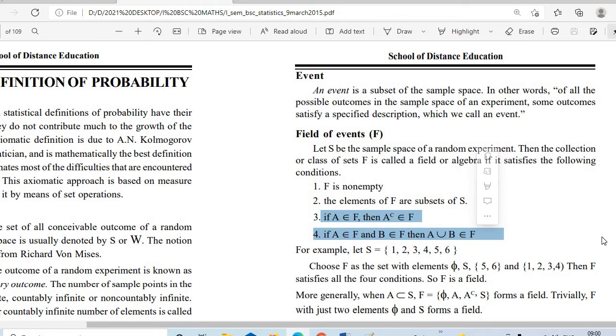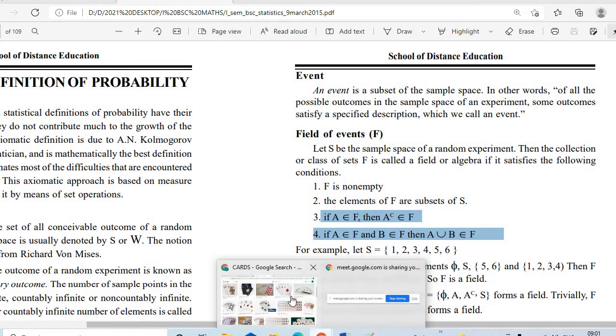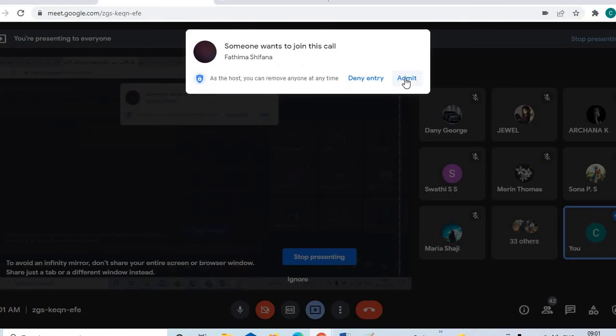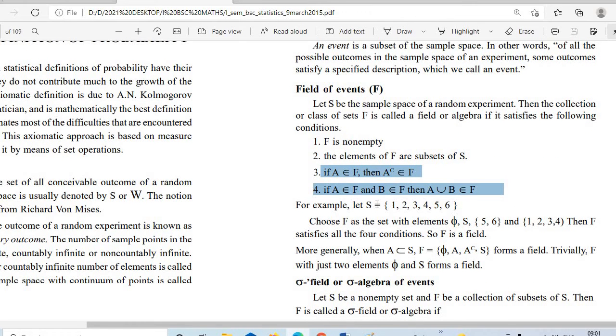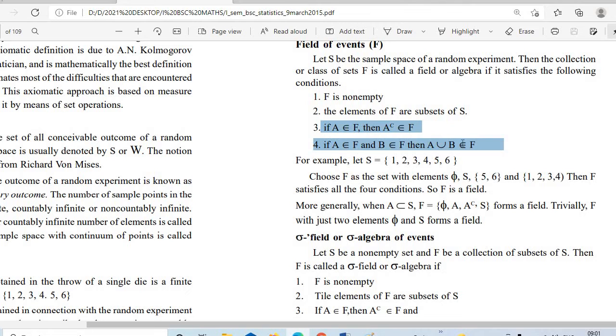One is, if A is a member of F, then A complement is also a member of F. And if A is a member of F and B is a member of F, then the finite union, that is A union B, is also a member of F. The speciality of a field is this one. This is the differentiating criterion, finite union.